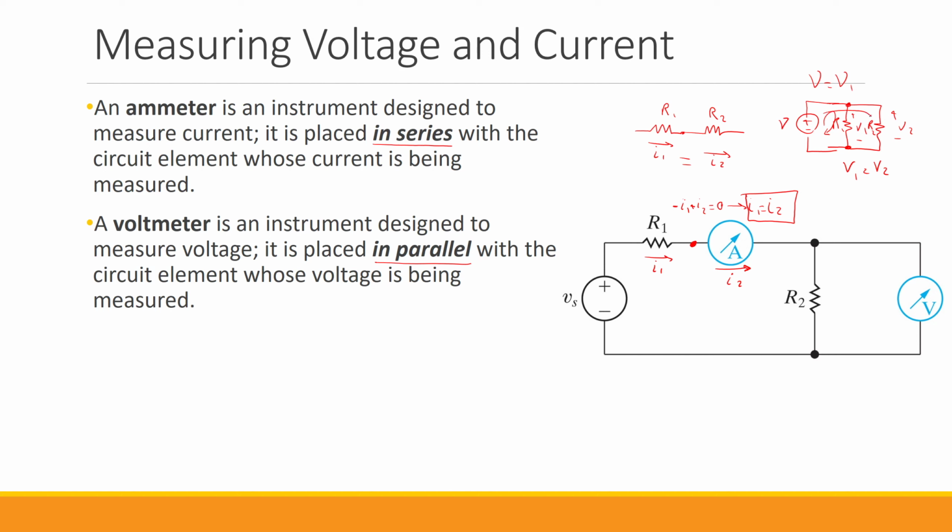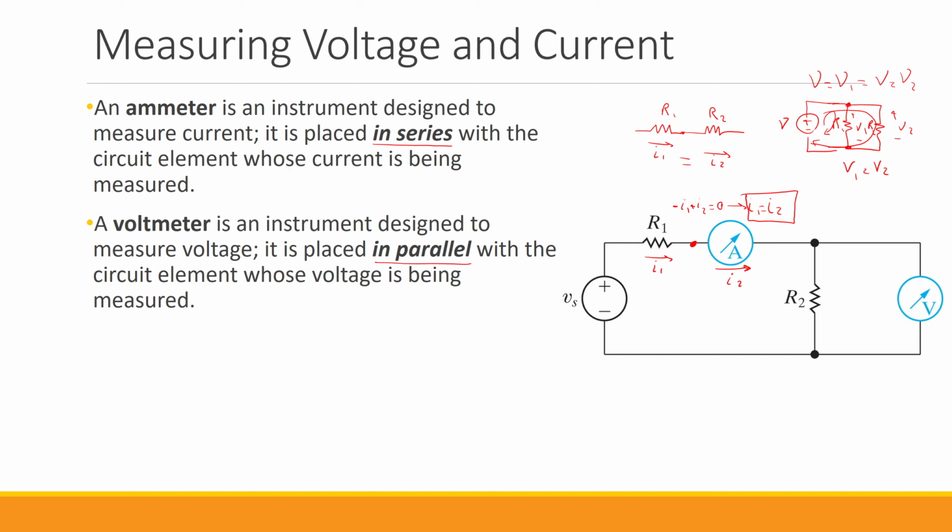If I write it for the second loop, the conclusion is V equals V2, which basically means that V1 and V2 are equal. So to measure the voltage across R2, we place the voltmeter, in this figure, in parallel to R2.